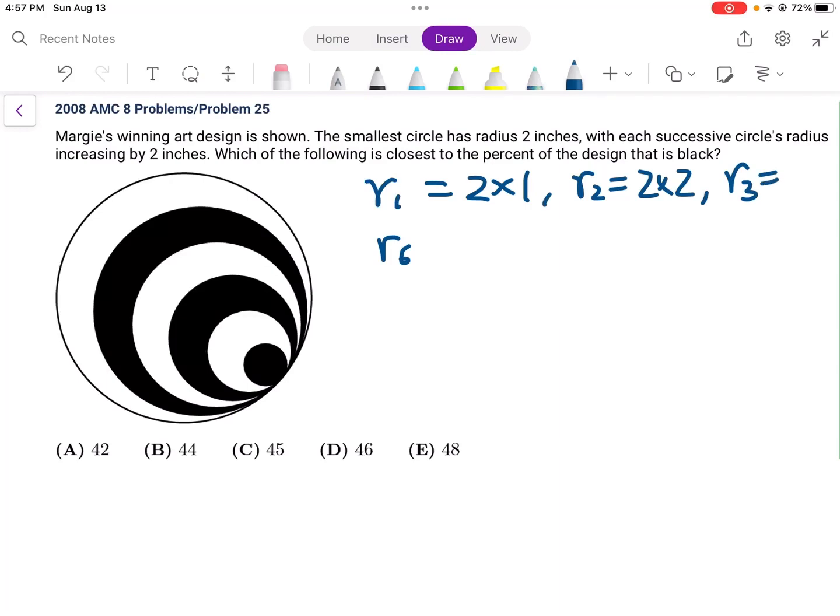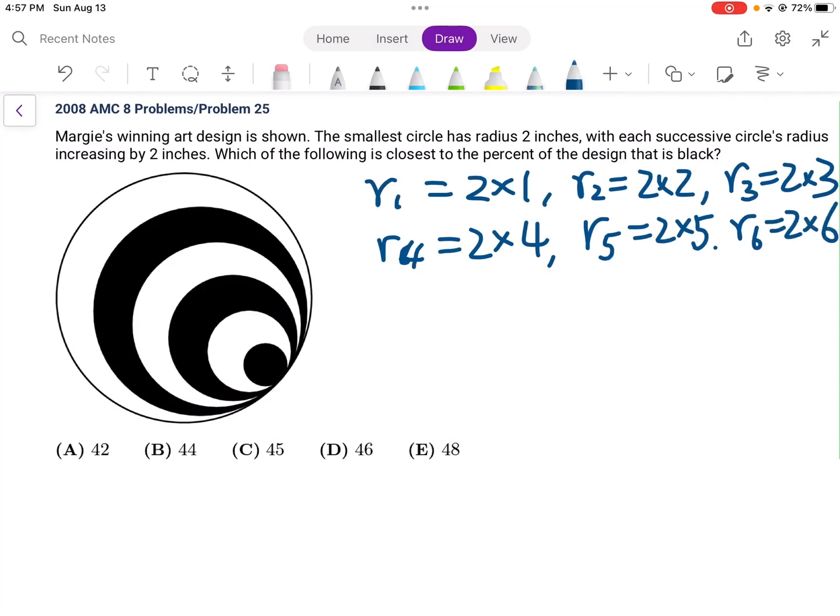R3 equals 2 multiplied by 3 inches. And R4 equals 2 multiplied by 4. Similarly, R5 equals 2 multiplied by 5. And R6 equals 2 multiplied by 6.